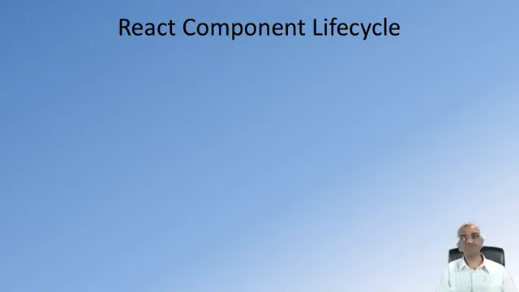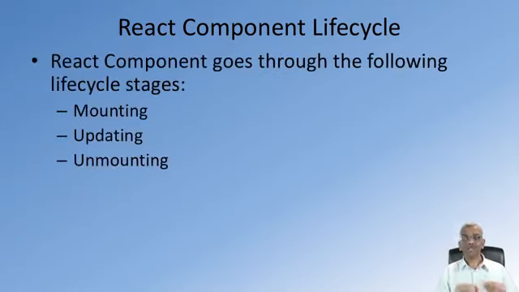Now, in every stage of this life cycle, React provides several lifecycle hooks or lifecycle methods that can be invoked to perform certain operations. To summarize, a React component goes through the following lifecycle stages: the mounting of the component after creation, and in between, if the view of the component needs to be updated, then it gets updated. So at that point, it'll be in the updating stage. And then when the component is no longer needed, it'll be unmounted from the hierarchy. That'll be the unmounting stage.